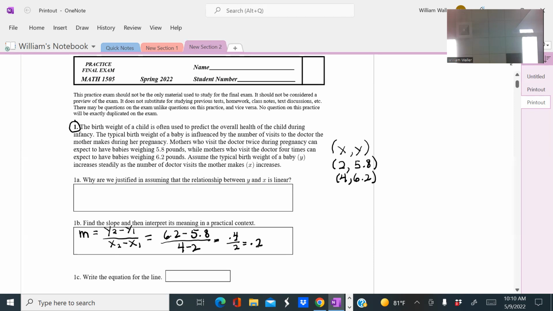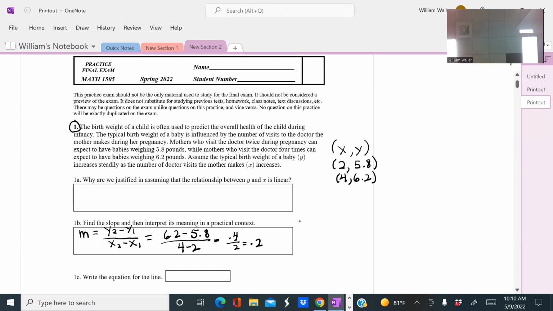So the birth weight goes up by typically, right? These things are all just averages, but the birth weight goes up by 0.2 when the number of doctor visits goes up by 1, right? So presumably that's because the mother is monitoring the health of her child more, and taking whatever steps are necessary to make sure she has a safe birth, right?